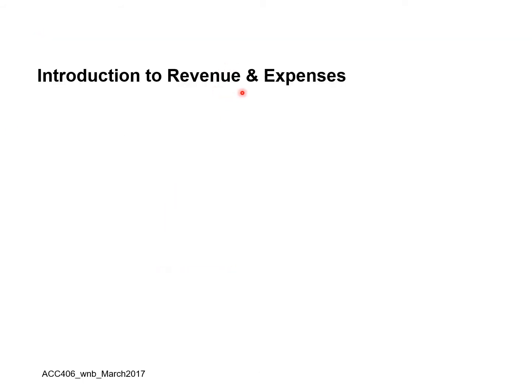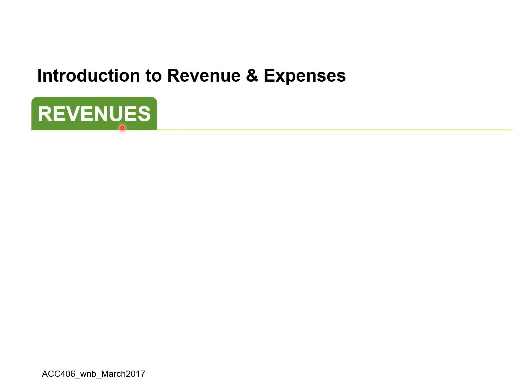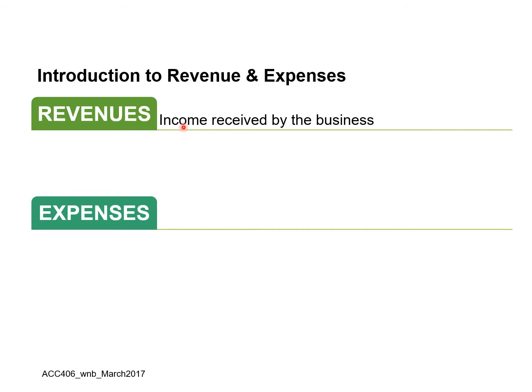Since kita dah tengok SOPL ataupun Statement of Profit or Loss tu, I nak introduce you to the revenue and expenses. What comprises of revenue? What comprises as expenses? So, revenue adalah income received by the business.